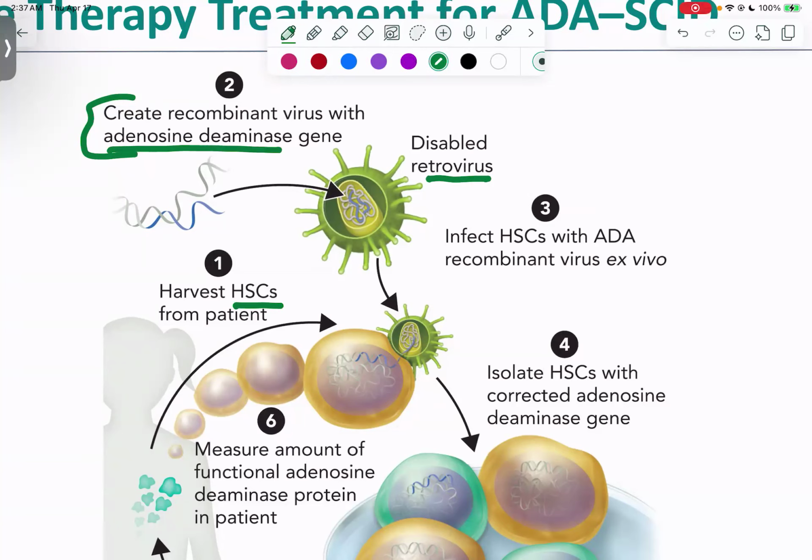And it's a retrovirus. So what happens is when the virus infects the cells, it actually inserts part of normally its chromosome into the human chromosome. But instead of inserting viral DNA, the researchers program it to insert the correct copy of the adenosine deaminase gene.